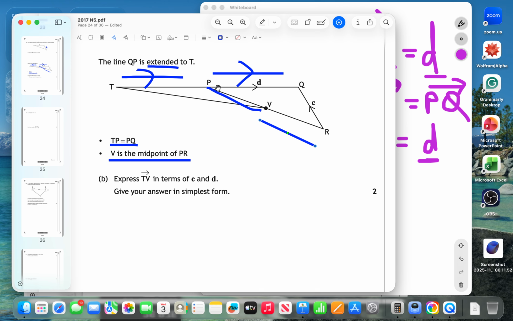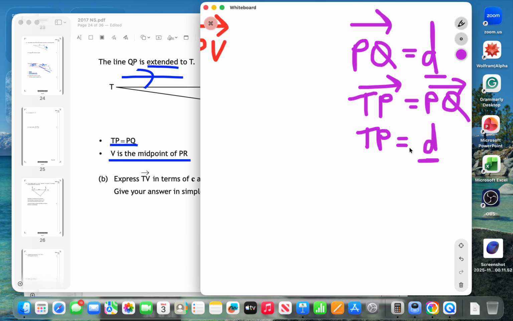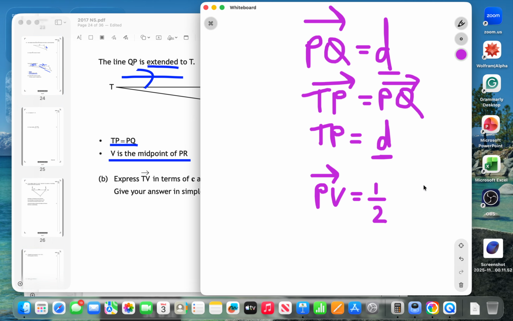The direction of PV, P going to V, is the same as P going to R. It's the same direction. The magnitude is different. The magnitude is half of the magnitude of PR. So this means that the vector PV equals 1/2 of PR.